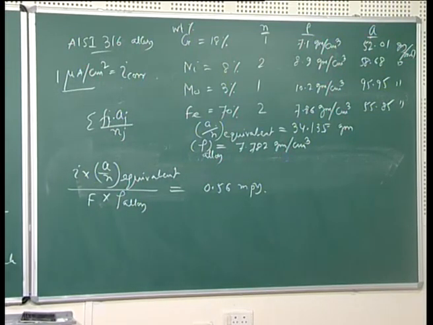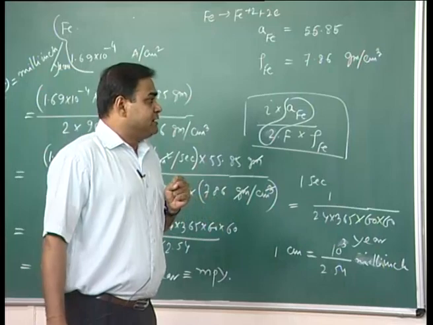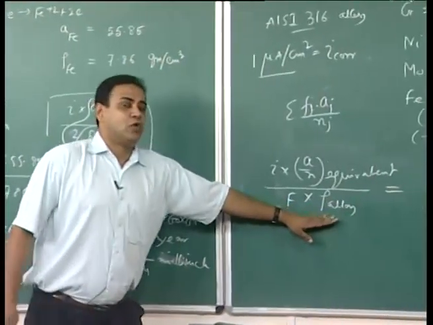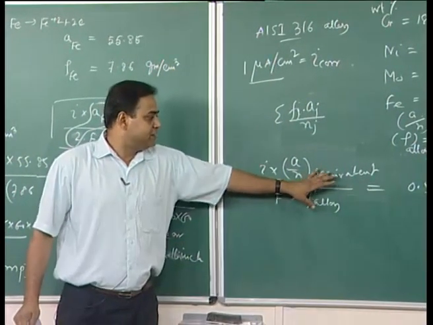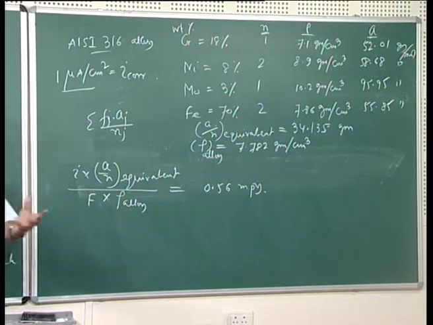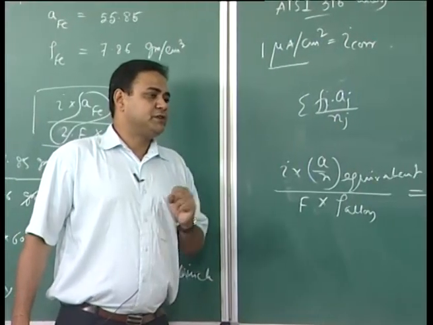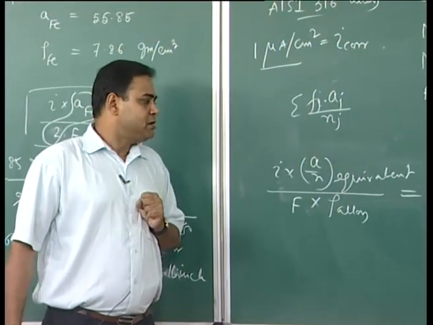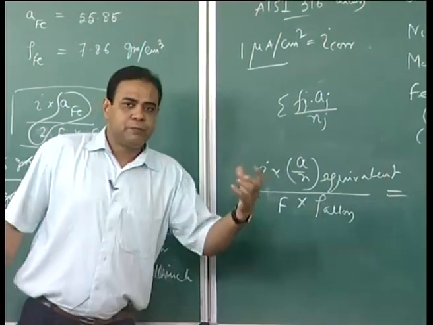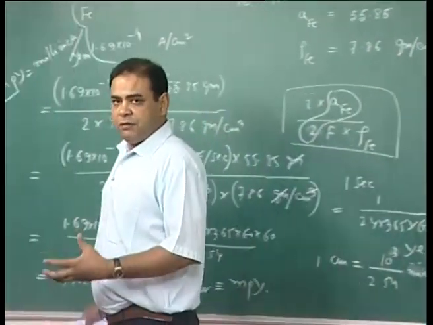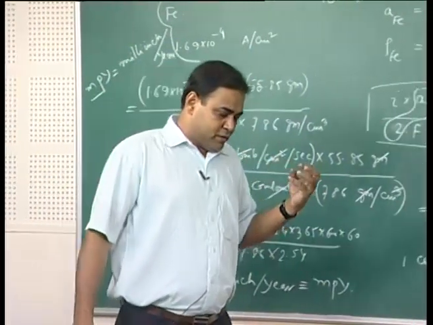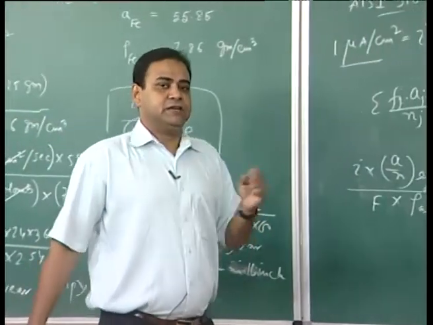If you would like to do it in the form of MDD, in that case you do not have to use rho alloy, because if you divide with the rho, the unit would come in terms of length, penetration depth per unit time. But if you do not use this, then it would be mass lost per unit time per unit area.